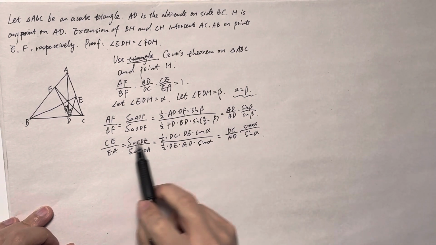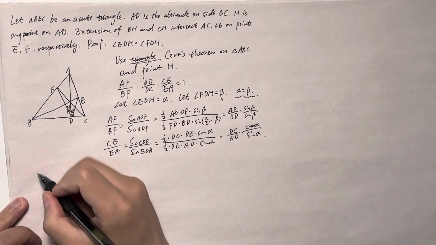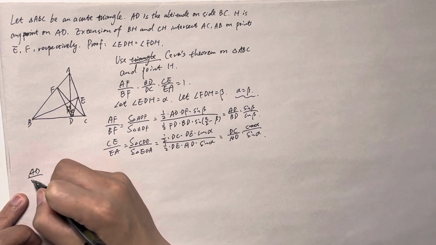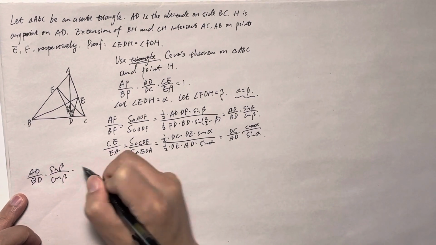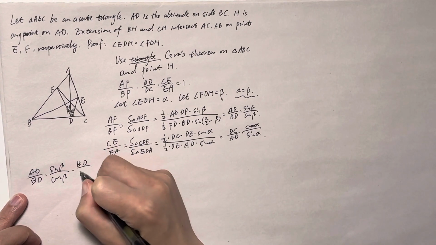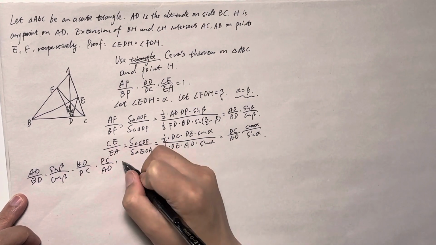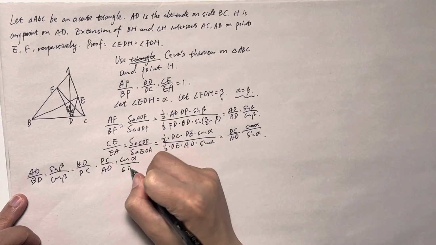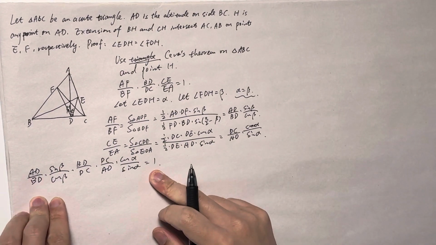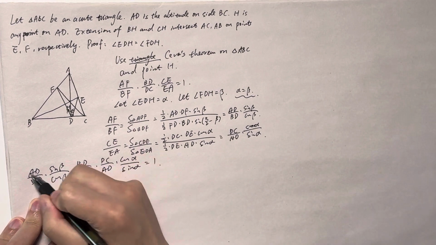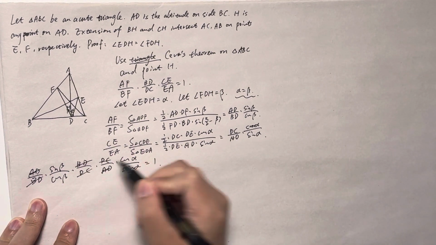Right? So if we take the product of these three terms, then we get AD divided by BD times sine beta divided by cosine beta times BD to DC times DC to AD times cosine alpha to sine alpha equals 1. Right, this is from Ceva's theorem. And we know AD cancels AD, BD cancels BD, DC cancels DC.